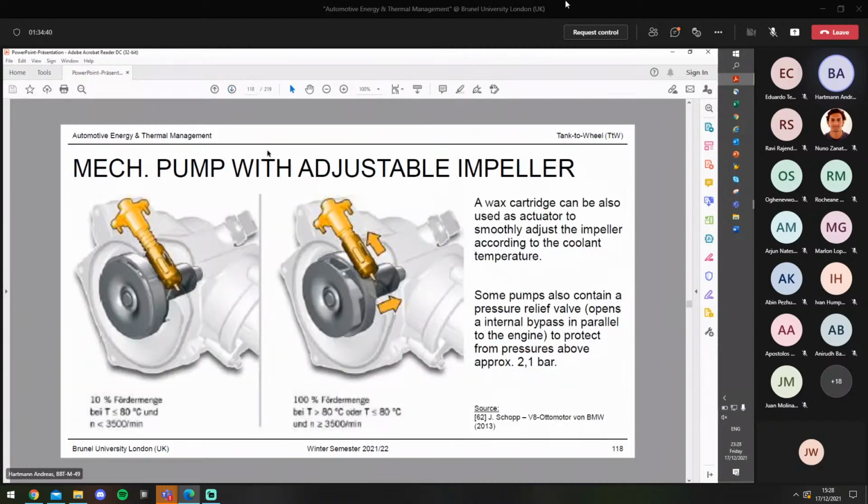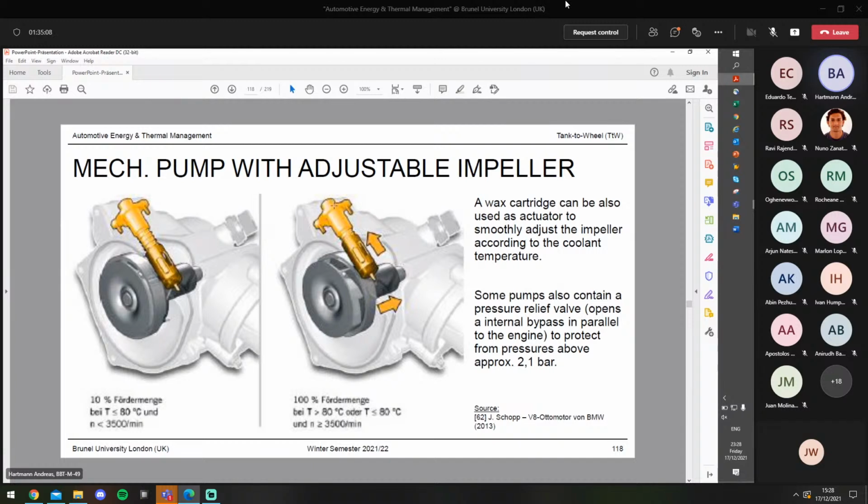Another option is to adjust the geometry of the coolant pump according to the needs, and therefore you again use a wax element, which is in the lower position as long as the coolant is still cold, and you don't need the flow.